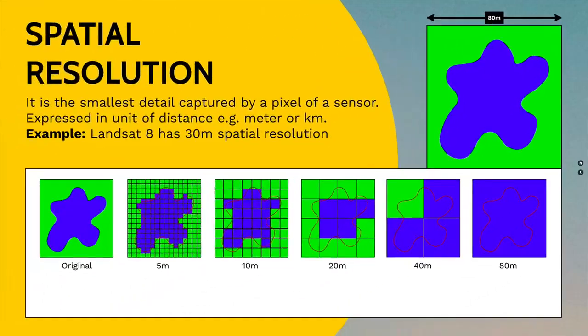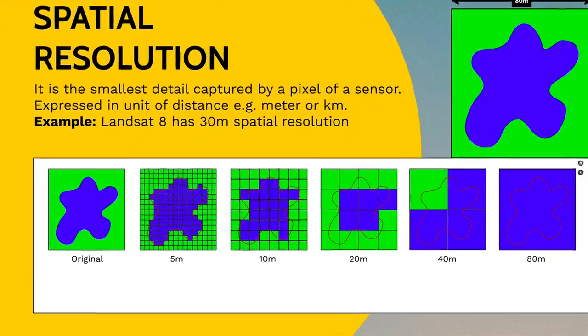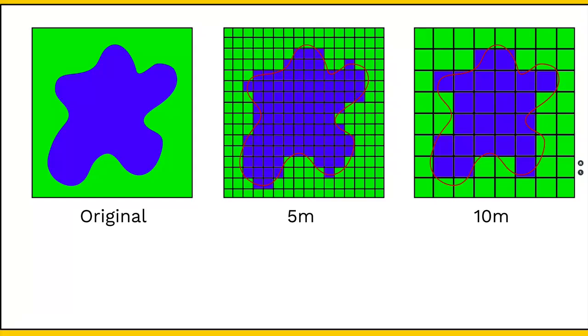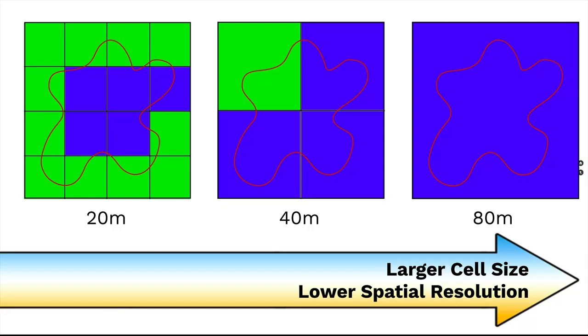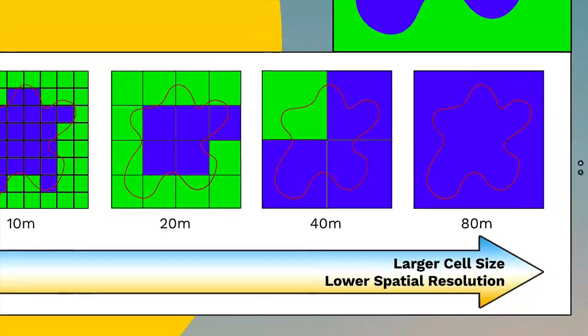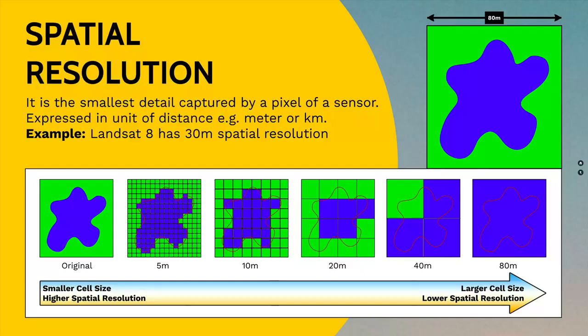With these examples, we can finally conclude that when spatial resolution is high or the pixel size is small, the data loss is least. While in case of lower spatial resolution, when the pixel size is large, there is a huge loss of data. That covers up spatial resolution.